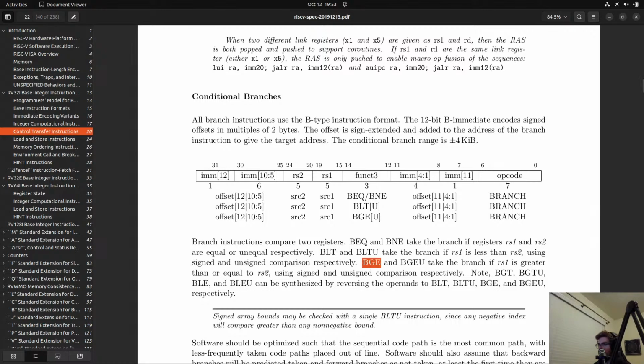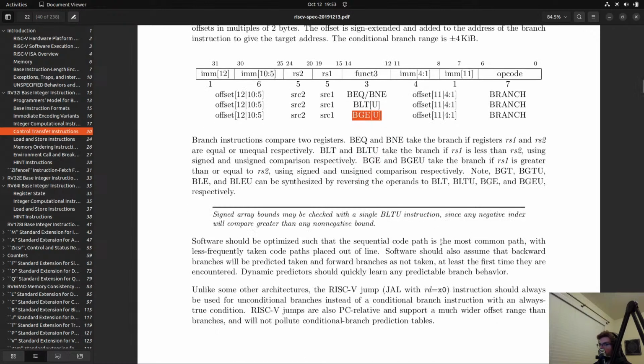All right, BGE, take the branch if RS1 is greater than or equal to RS2. So we have branch if equal, branch if not equal, branch if less than, branch if greater than or equal to.